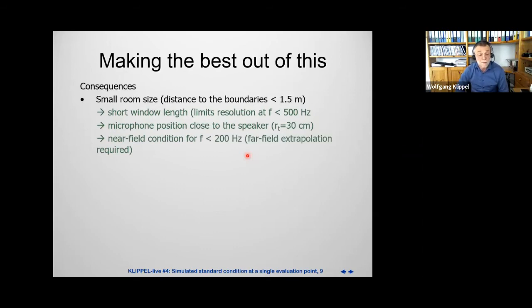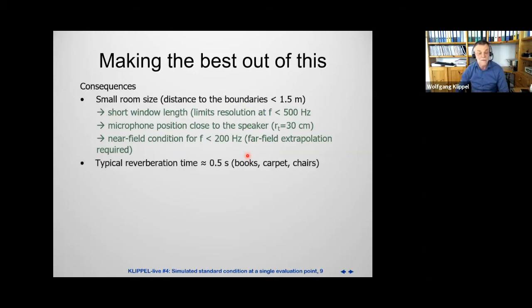We are at higher frequencies already in the far field, but not below 200 Hertz. Christian has shown that here in session 2 already. So we can do some far field prediction with the 1 divided by R law at higher frequencies, that's fine, but at lower frequencies, we search for a new solution.